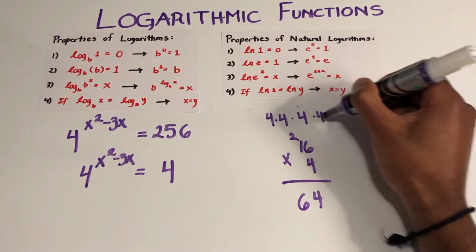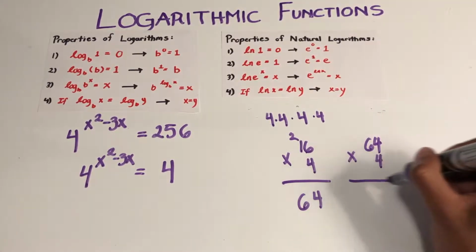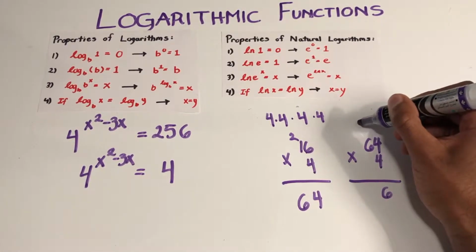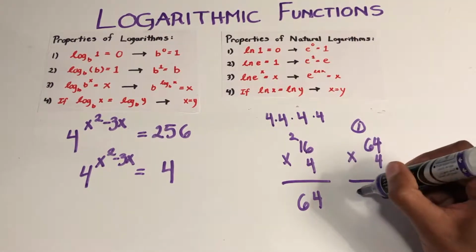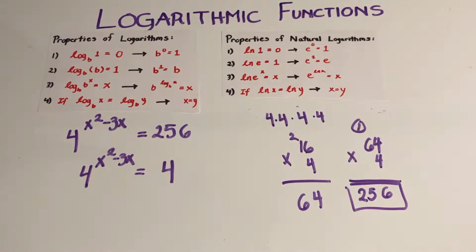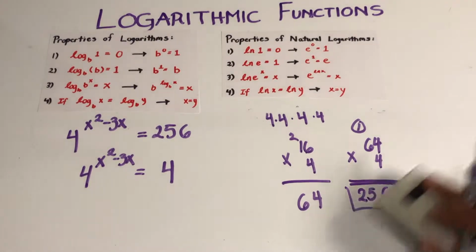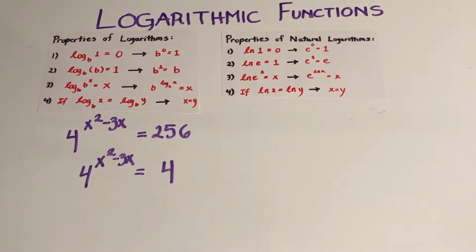If I multiply by 4 again, we get 64 times 4. 4 times 4 is 16, 4 times 6 is 24, plus 1 is 25. So I need to multiply 4 by itself 4 times to get 256.